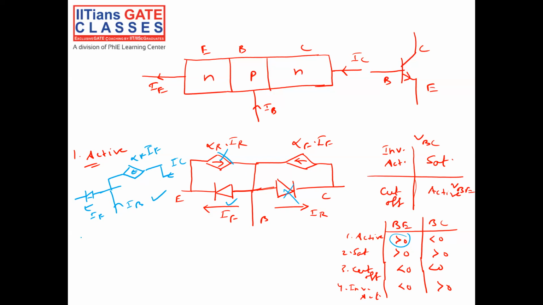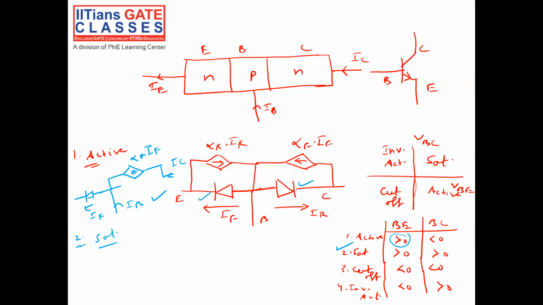Suppose I want to take one more example, making this model for the saturation region. For the saturation region, both are forward bias, so IR will be there, IF will be there.